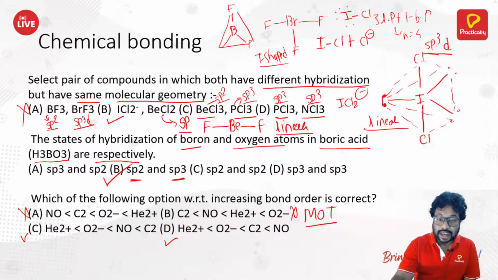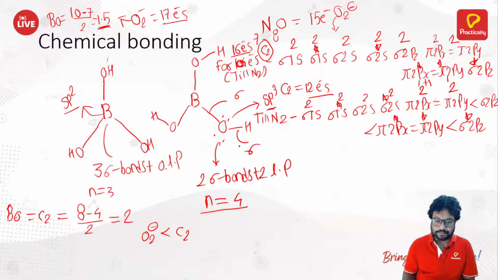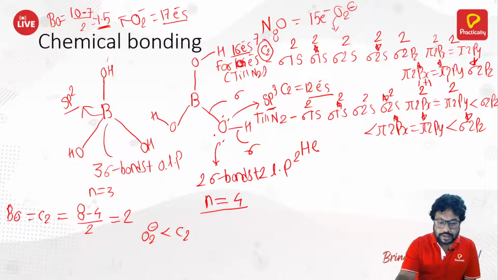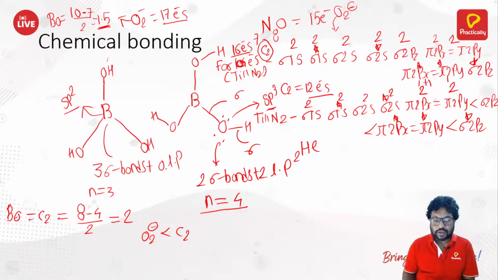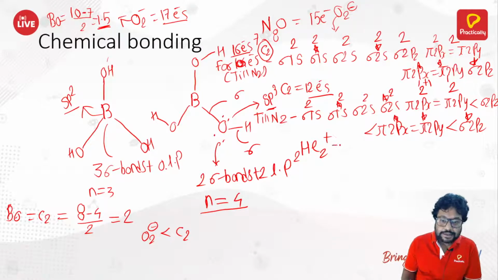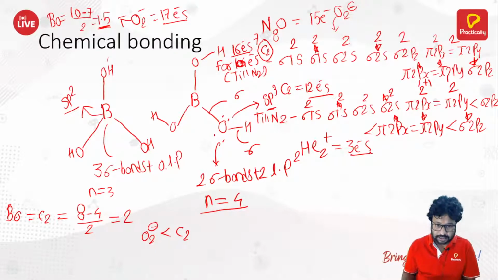Now let's do it for helium. Atomic number of helium is how much? It's 2. So you have He2 1 plus. That means total electrons are how many? One helium is having 2, 2 heliums are having 4. You have 1 plus charge, that means 4 minus 1, 3 electrons. How can you distribute 3 electrons? 2 electrons in sigma 1s, 1 electron in sigma 1s star.